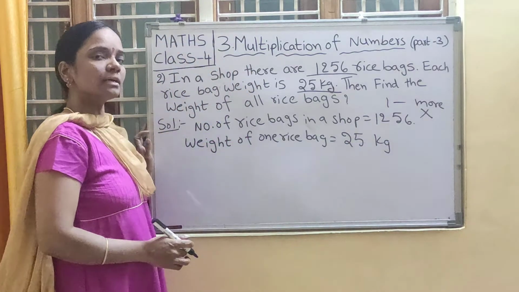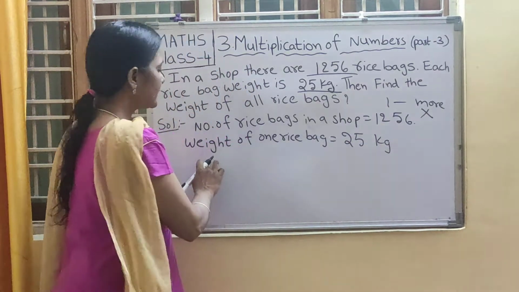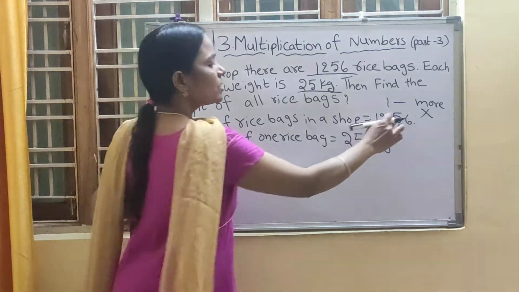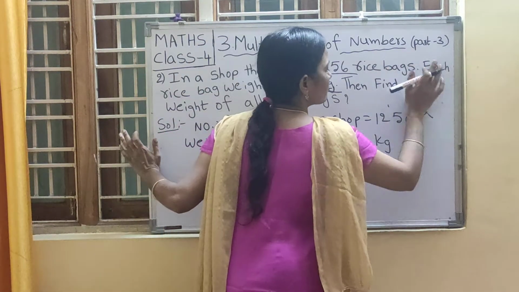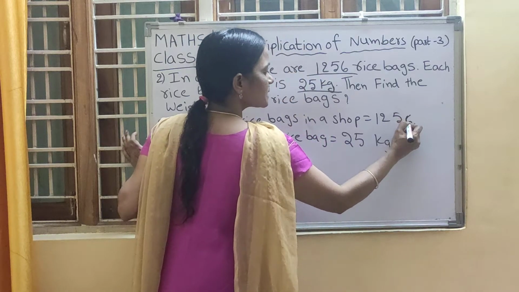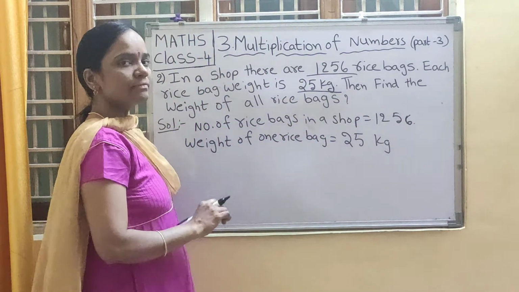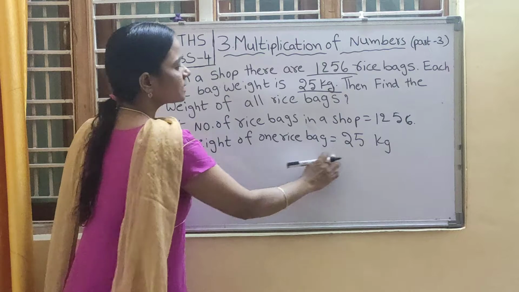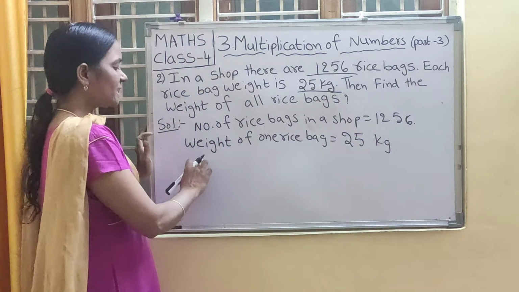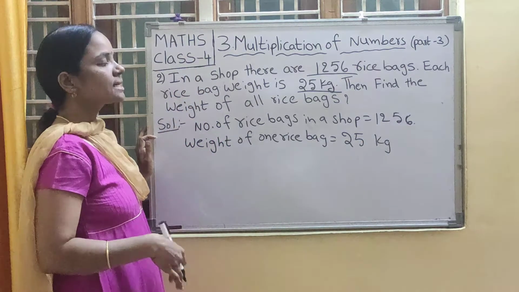We have to write the units there because weight is measured in kgs. Here no need to write units, children, it is just a number. There are 1256 bags. But here we have to take the unit because weight is measured in kgs, grams.